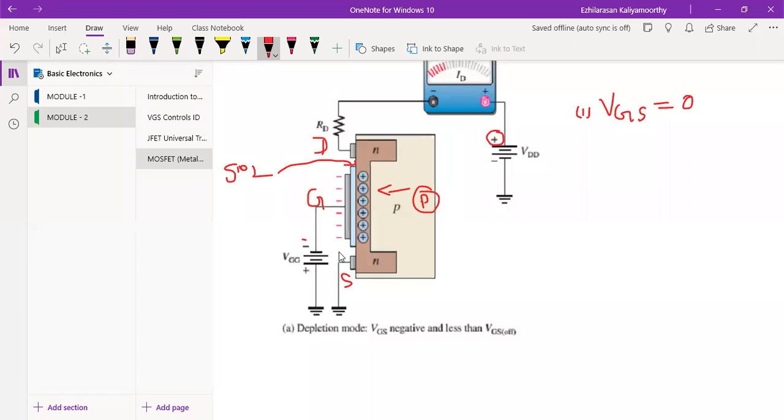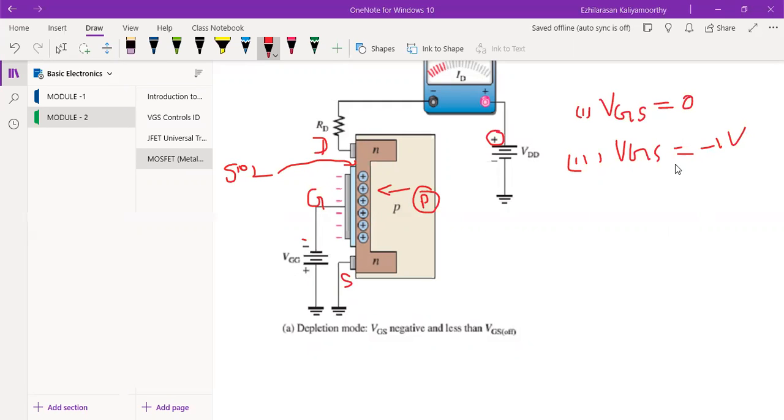Now, second, we are going to give a negative VGS, for example minus 1 volt. We are applying a small negative voltage, and a certain amount of drain current will flow.